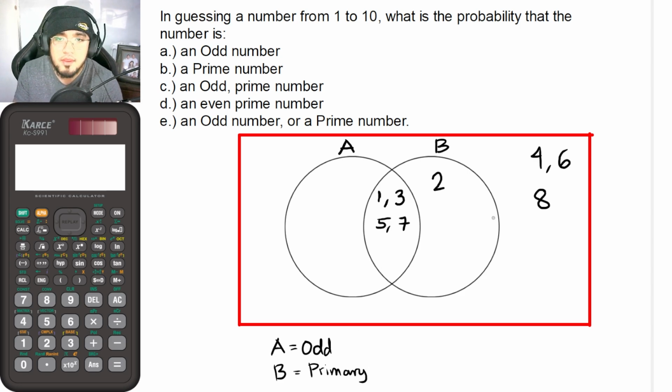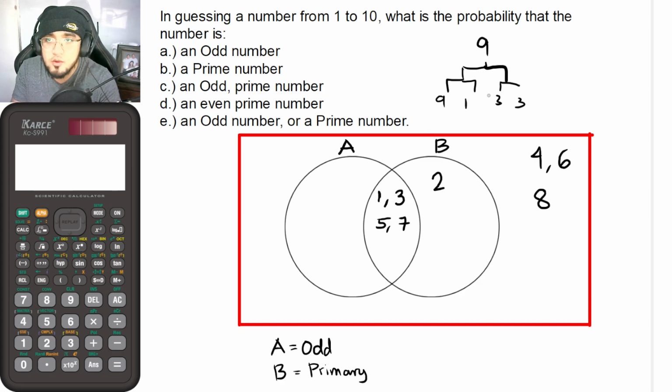And for 9, the number 9 is an odd number, but it is not a prime number. Since 9 has factors, in order for you to arrive at 9, you would be multiplying 9 and 1, and you can also multiply 3 and 3. Since it has other factors other than the number itself and 1, that is 3 and 3, 9 is not a prime number any longer.